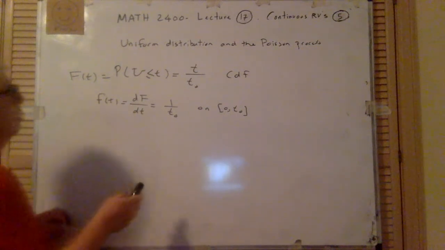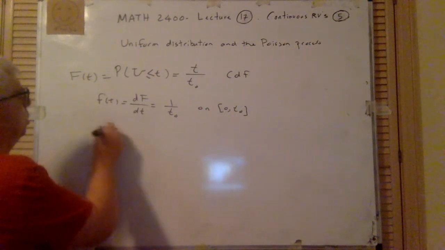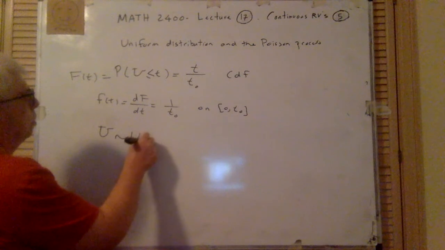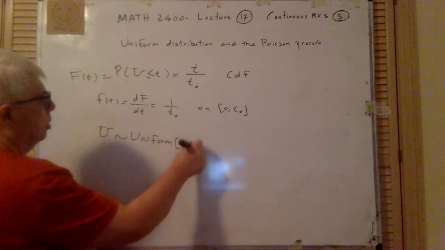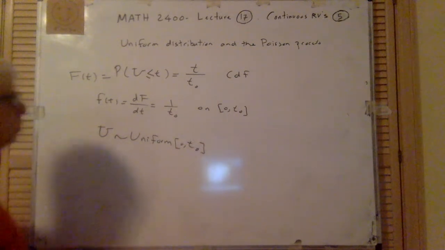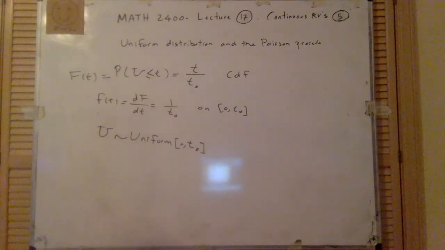So we have in fact proved that this U, the time of arrival, is uniform. We have found that the time of arrival has a uniform distribution, and that makes sense.